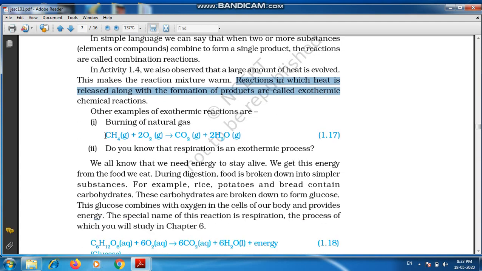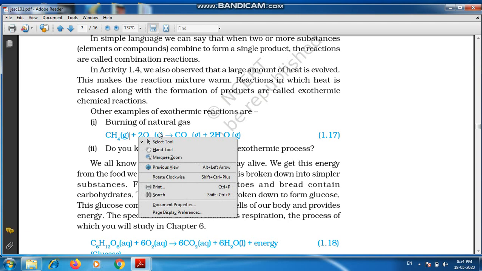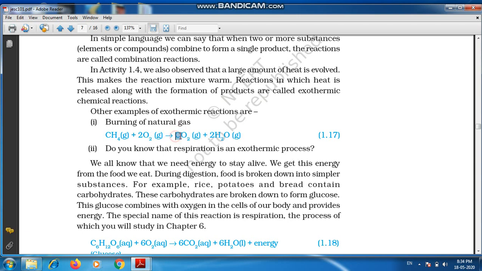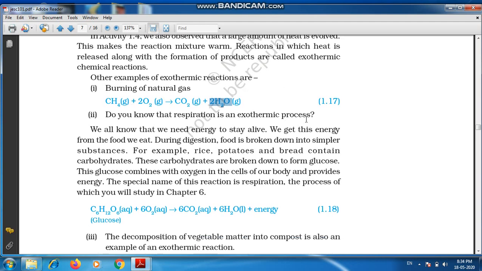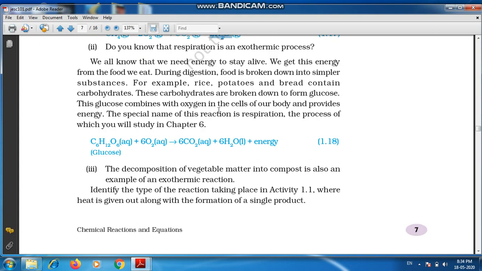Burning of natural gas. Natural gas is methane, CH4, plus O2 gives us CO2 and H2O. So this is an exothermic reaction. Heat is liberated. Another exothermic reaction discussed over here is C6H12O6 plus 6O2 gives us 6CO2 plus 6H2O plus energy.